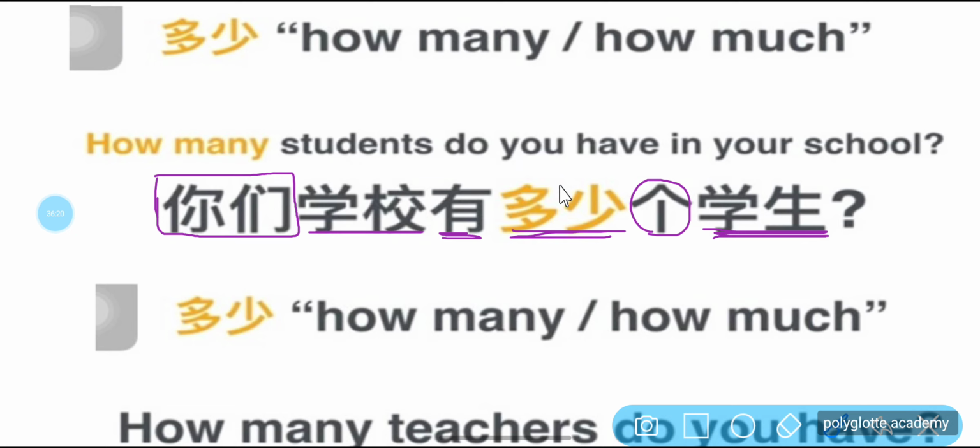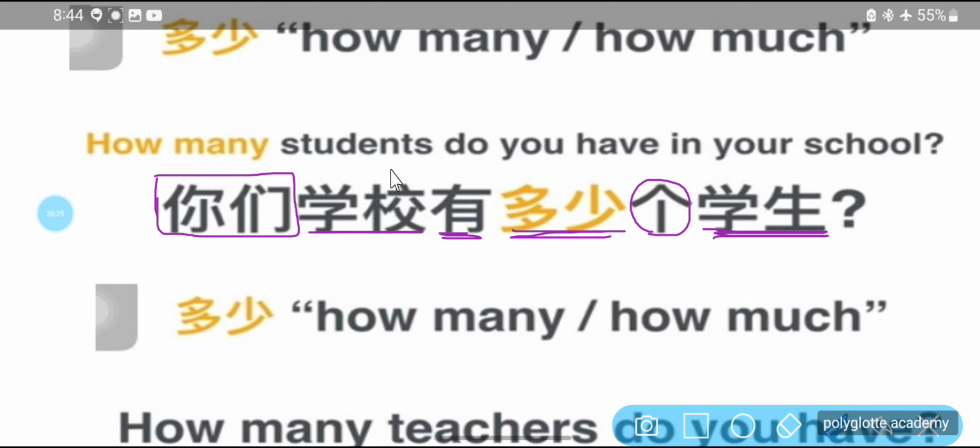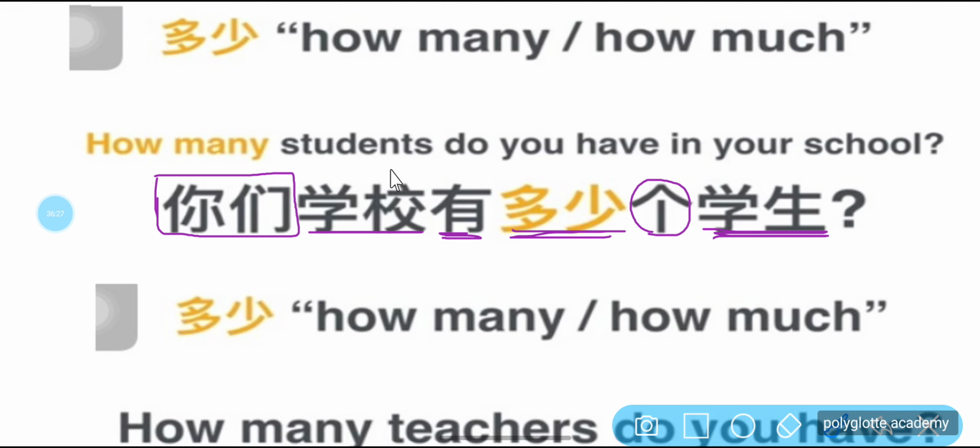I emphasize the pronunciation because in this lesson we are doing advanced Chinese, where we don't have pinyin, we don't have the pronunciation anymore.